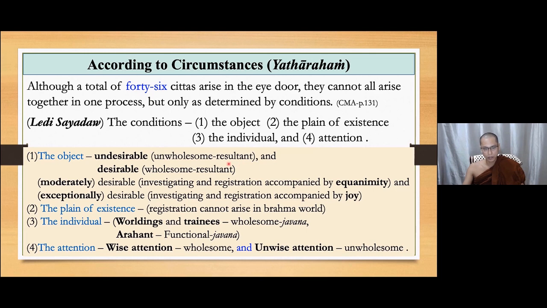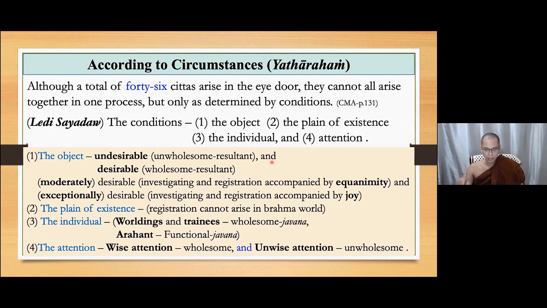Unwholesome also. The registration is, you may remember, the combination of 2 groups. One is this 3 investigating and another group, the wholesome resultant. So only one of the unwholesome resultant is there in the 11.